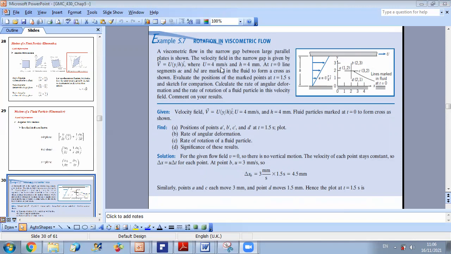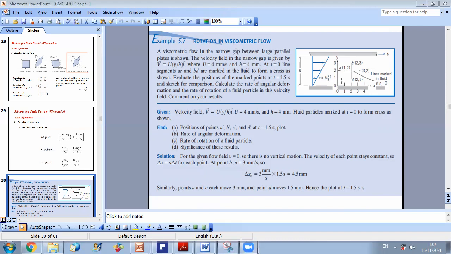At t equals 0, line segments AC and BD are marked in the fluid to form a cross as shown. Evaluate the positions of the marked points at t equals 1.5 seconds and sketch for comparison. Calculate the rate of angular deformation and the rate of rotation of a fluid particle in this velocity field and comment on your results. So this is an example of 1D flow.